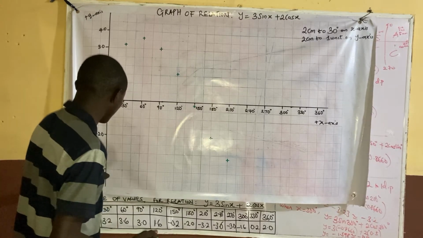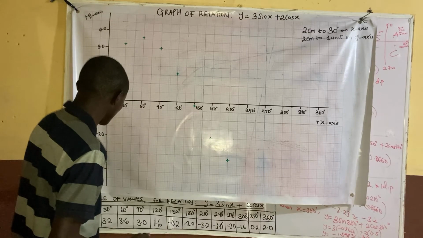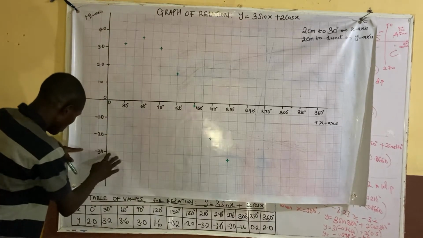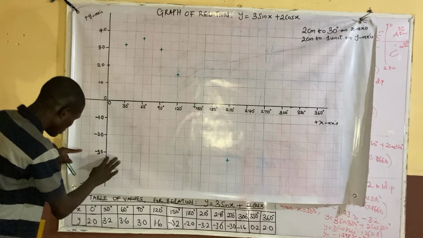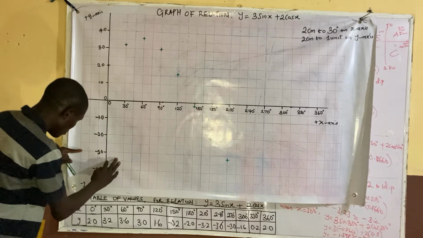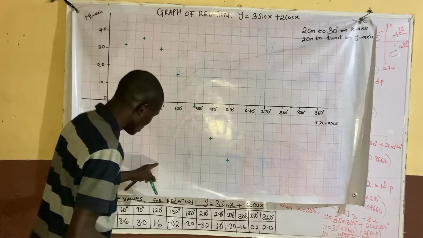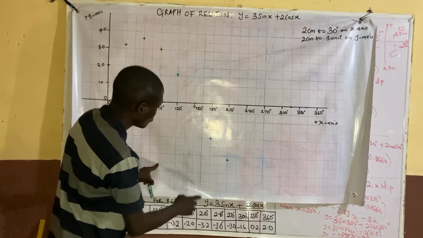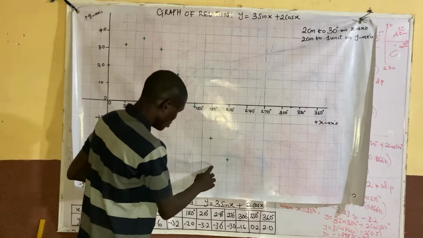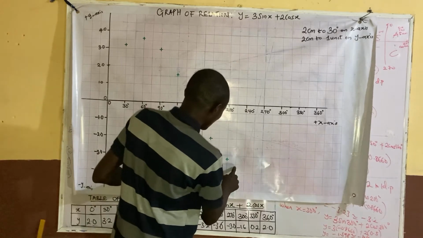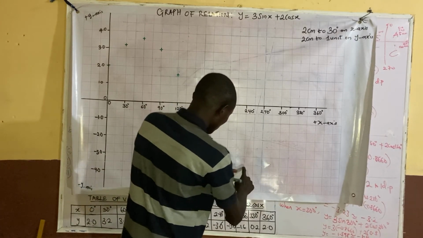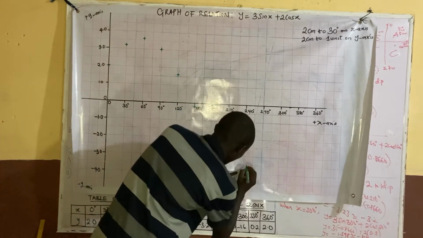This is minus 3.1, minus 3.2, minus 3.3, minus 3.4, minus 3.5, minus 3.6 against 240. So we follow this to 240. So we have it here.